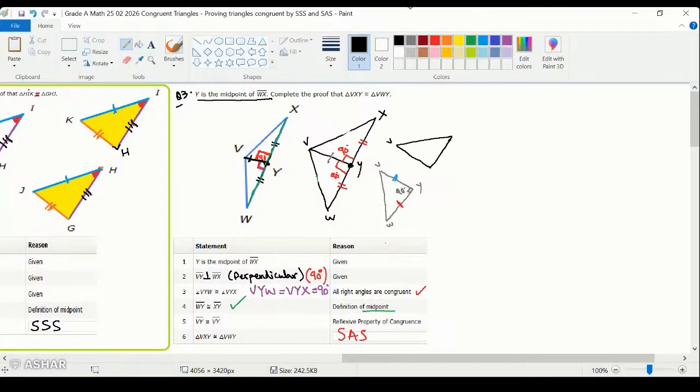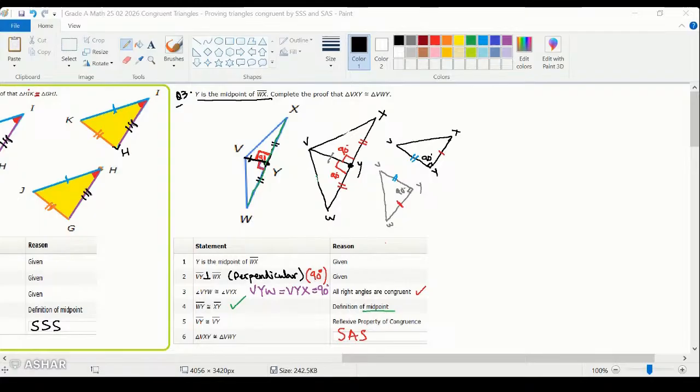This was v, y, and x, where this side had a double dash, this was a single dash equal to this, and this was 90 degrees. So the given information for this question is two sides are equal and one angle is equal. Agreed? So we say side angle side property can be used.